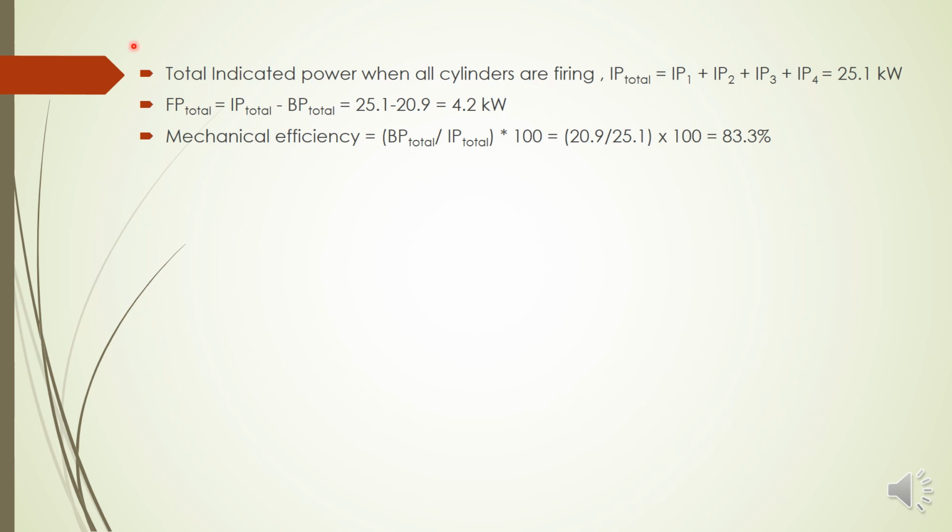Like this you can solve any problem on the Morse test. The only thing is, as the number of cylinders changes, the number of equations also changes. So write the equations, subtract each equation from the first equation, find the total indicated power, and find the total frictional power. Try to solve other unsolved problems from the textbook using this method.